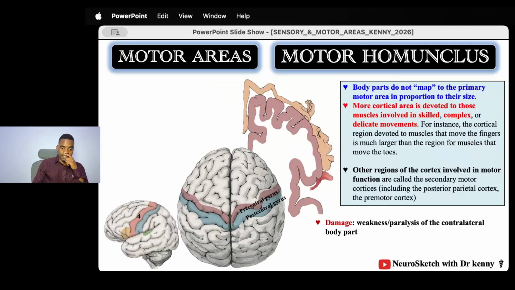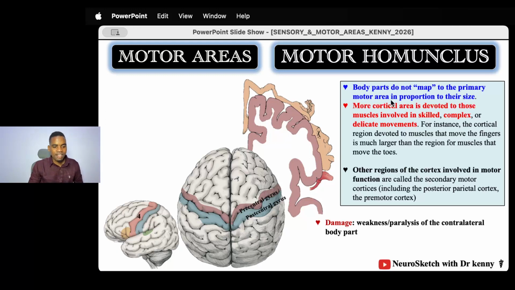Okay, so let's see the motor homunculus. Same as how we had the sensory homunculus, we also have the motor homunculus, and the idea is the same. Different parts of the body have been mapped to the brain in such a way that in the primary motor area, every part of the precentral gyrus is assigned to take care of movement of a specific part of the body.